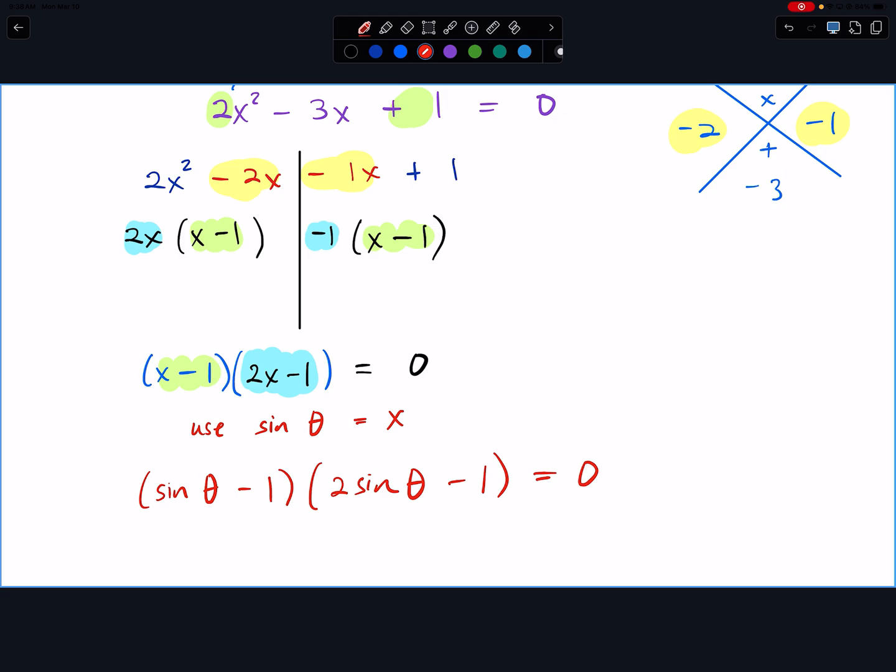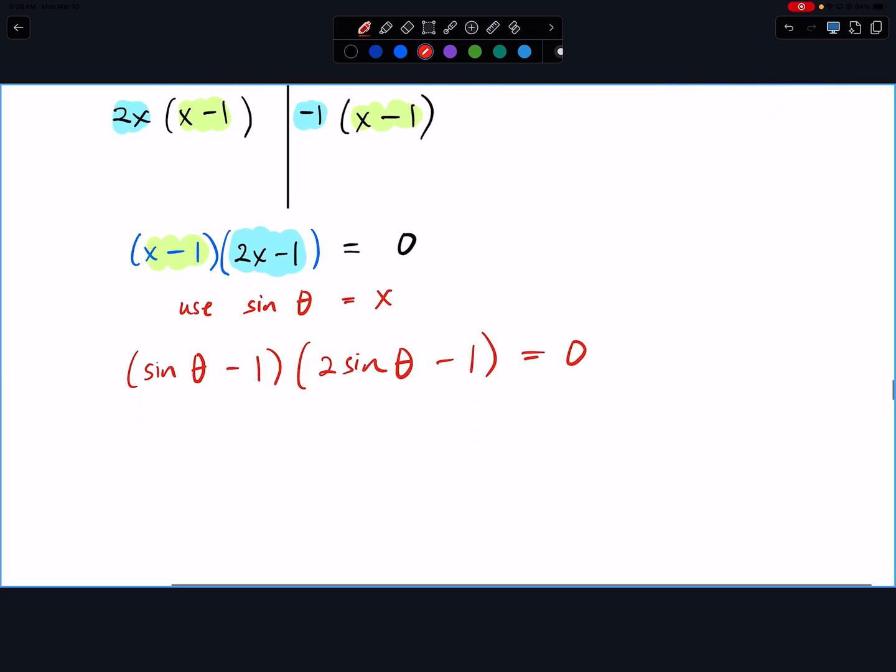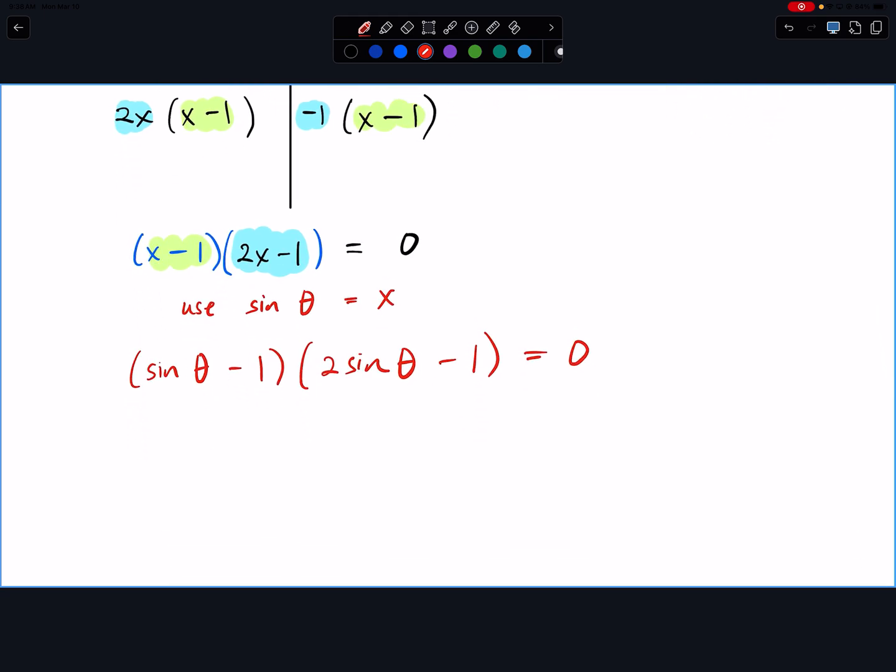And then I'm going to solve that equation. Okay, two factors times each other equals 0. That means either the first thing, sine of theta minus 1 equals 0, or 2 sine of theta minus 1 is equal to 0.